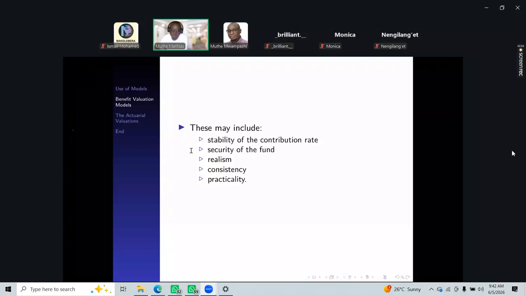And then of course we have consistency. When it comes to valuation, remember, you are doing valuation of two things here. You have assets, and also you have the benefit, right? So you have the liabilities here. You have to make sure that data is consistent, let's say in terms of parameters, because you want to make sure that at the end of the day, you are comparing apple to apple.